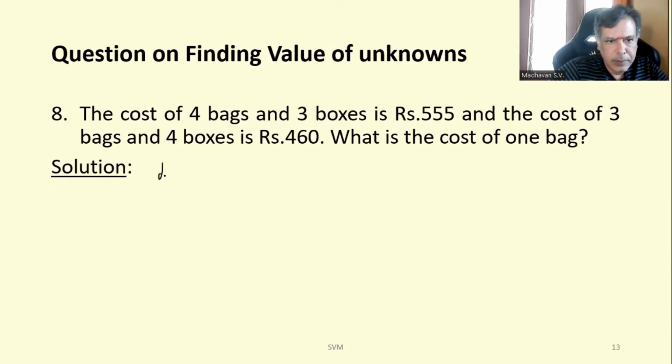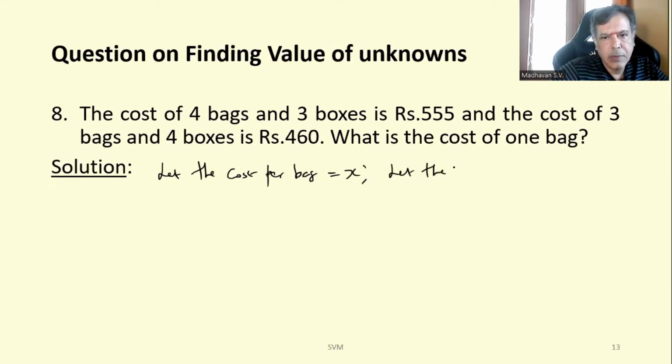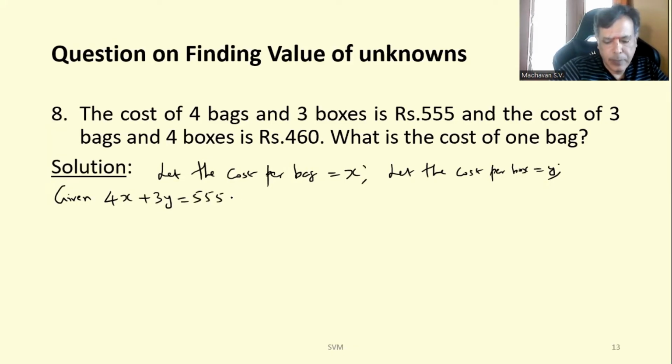So let the cost per bag equal X. Let the cost per box equal Y. Given 4 times X plus 3 times Y is equal to 555.